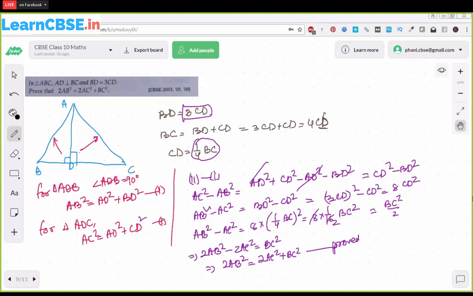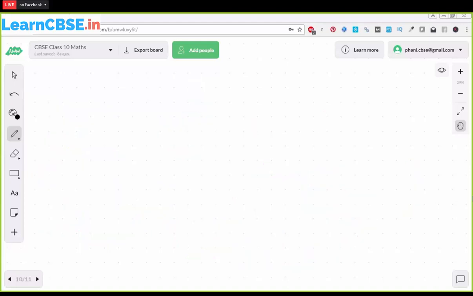Okay, so this is the 9th question. The 10th question is, in the right angle triangle ABC, D is the midpoint of BC.